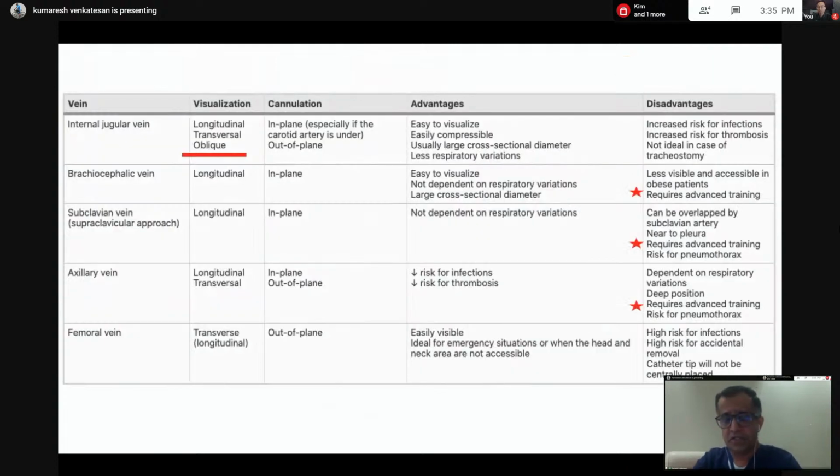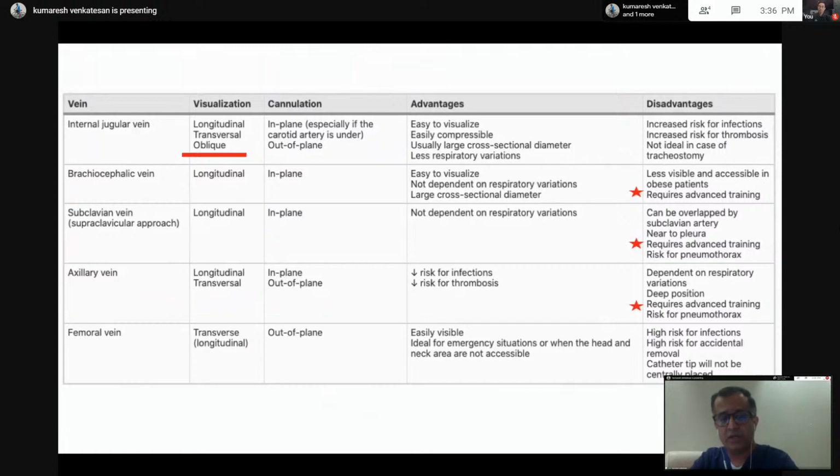This slide just gives you a summary of the sites of insertion, what are the different views you can obtain, and different methods you can perform cannulation. So for internal jugular vein, you can either do a transverse or the short axis view or the long axis view. And the third technique for internal jugular vein is the oblique view.